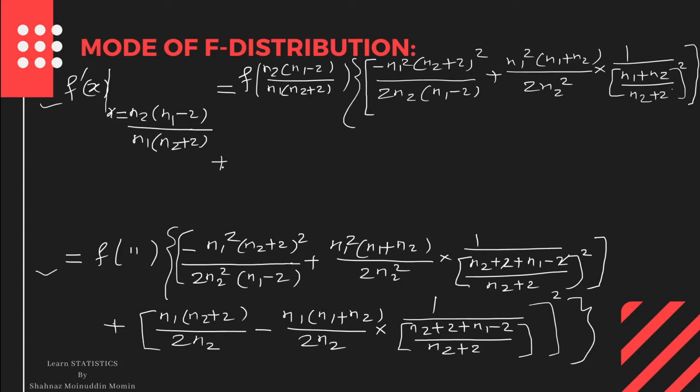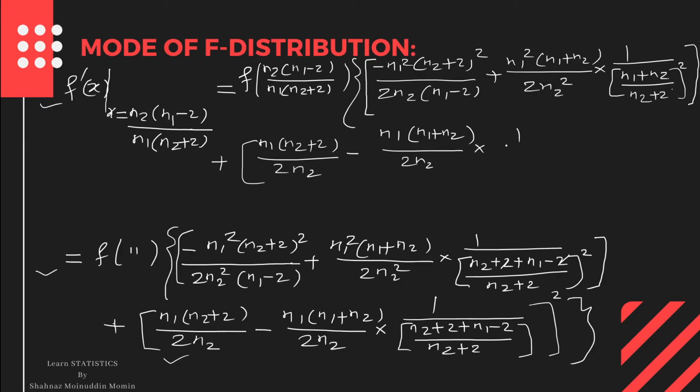Now let me write the second term. In the second term, first term is as it is, which is n1 (n2 plus 2) upon twice n2 minus, there is a change in second term of second bracket, (n1 plus n2) by twice n2 into 1 upon, plus minus 2 get cancelled, so it is (n1 plus n2) divided by (n2 plus 2) whole square.